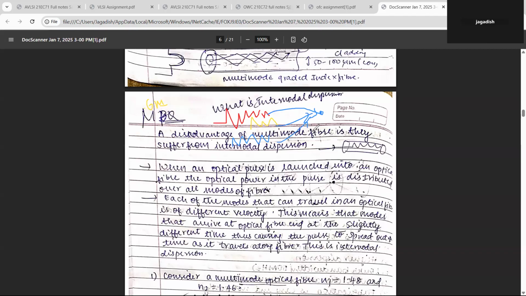They cause pulse spreading, which leads to the phenomenon called intermodal dispersion. If they have asked for 4 marks, you write this much. Draw the diagram and write about this. Okay, this is a model question paper question.